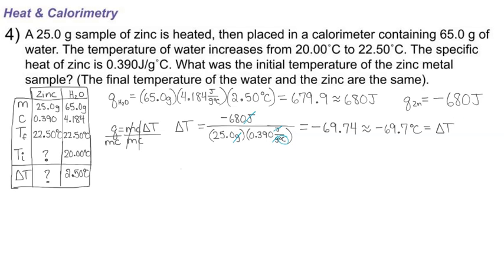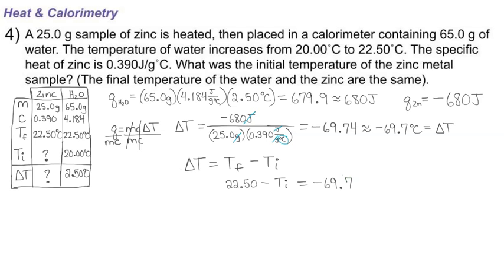We do need to figure out what our initial temperature is, and I know that our delta T is equal to the final temperature minus the initial temperature. So I substitute in the final temperature of 22.50 minus the initial temperature. That will equal our delta T value of negative 69.7 degrees Celsius.